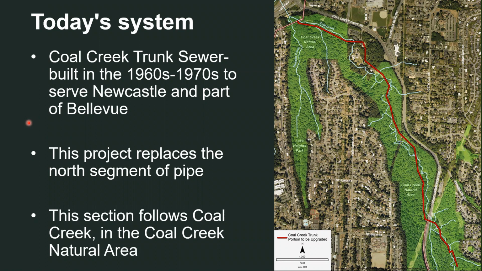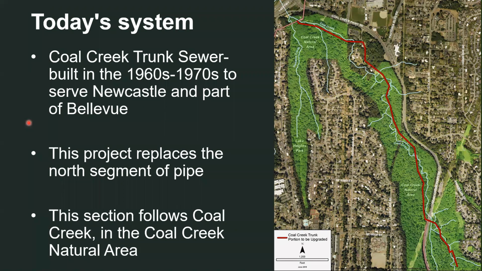This image was taken probably just a few years ago. And recall that when this sewer pipe was first put into place, much of that development hadn't occurred yet. In other words, what we were looking at in the 60s and 70s was a much more forested landscape.